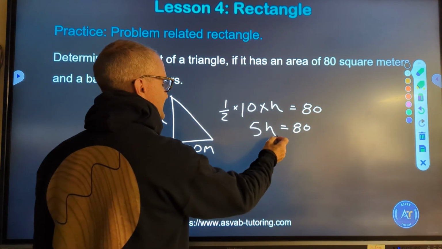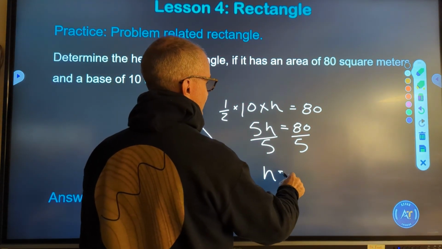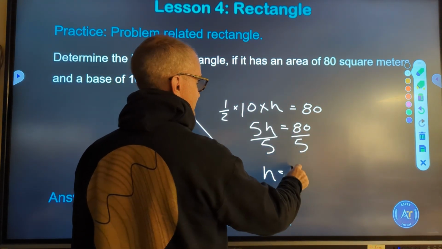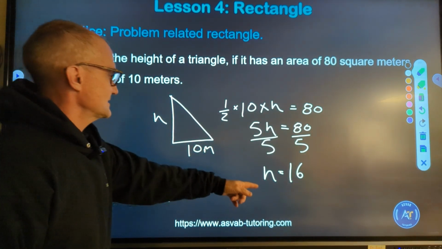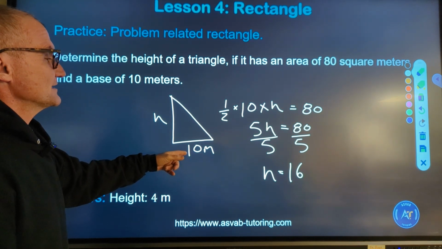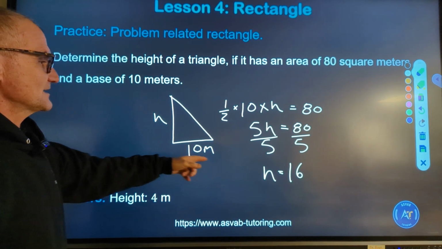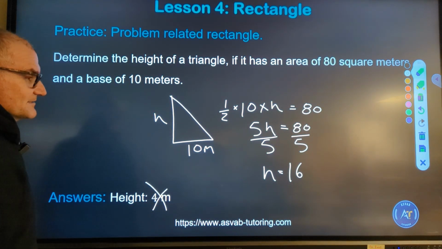Then I'm going to divide both sides by 5, and I'm going to get h, my height, is equal to, what is that, 16? Let me see if that even makes sense. 16 times 10, 160, divided by 2 is 80. So that's the correct answer right here. This is actually a typo mistake right there.